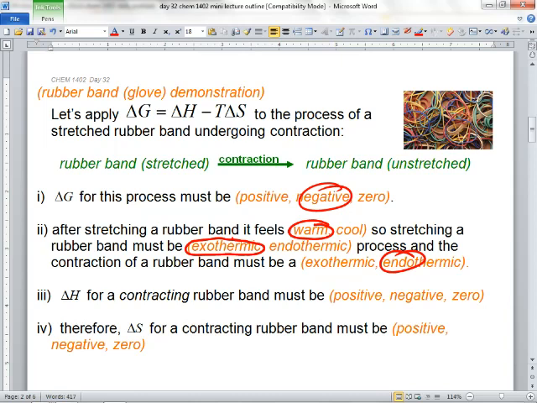So we just said contracting a rubber band must be endo. So contracting a rubber band, it's sucking up heat. Delta H for a contracting rubber band must be positive, negative, or zero?